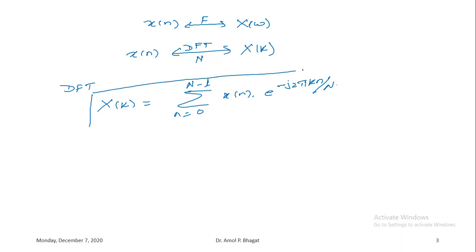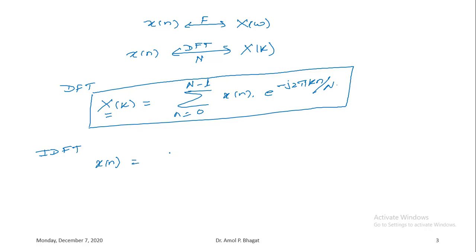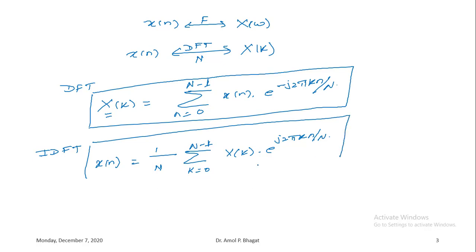From X of k you can identify x of n, and for that purpose you have to take the inverse DFT. The formula for inverse DFT is x of n equals 1 upon N summation k equals 0 to N minus 1 X of k into e to the power j 2 pi k n by capital N. This is the formula for inverse DFT, that is IDFT.